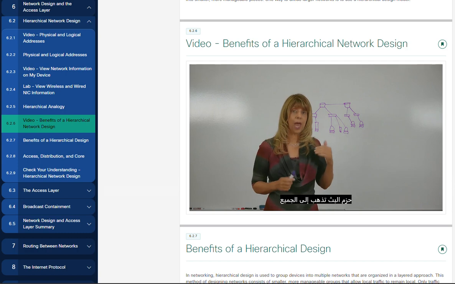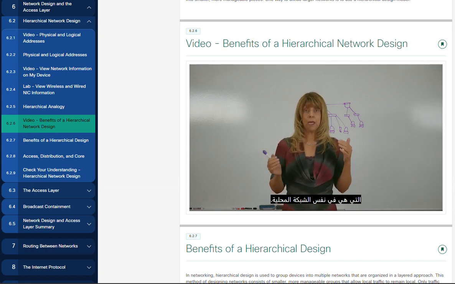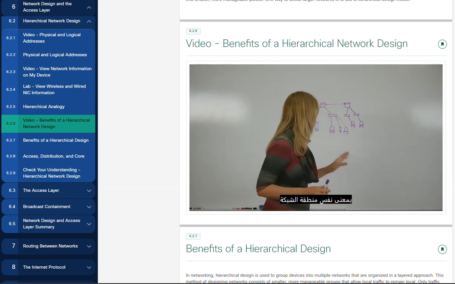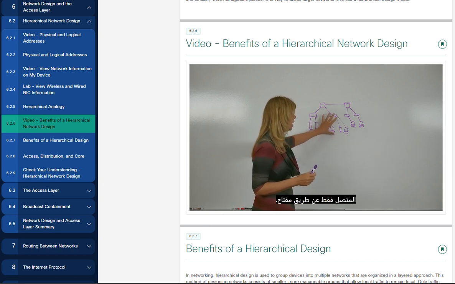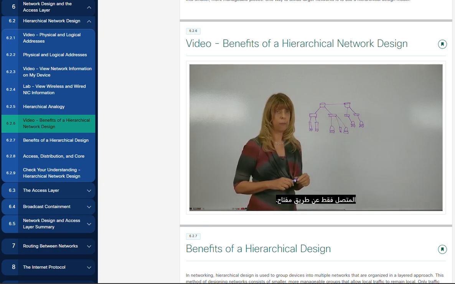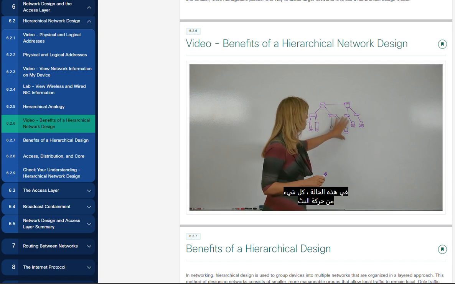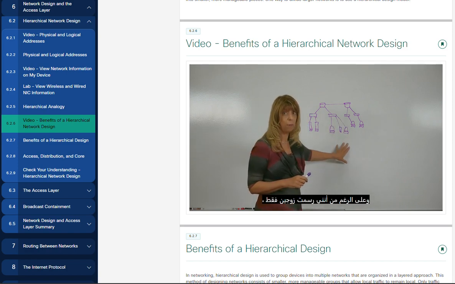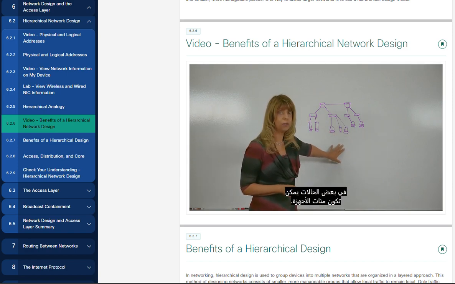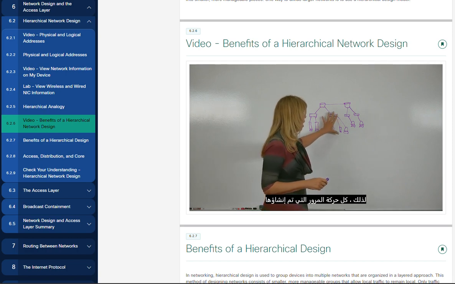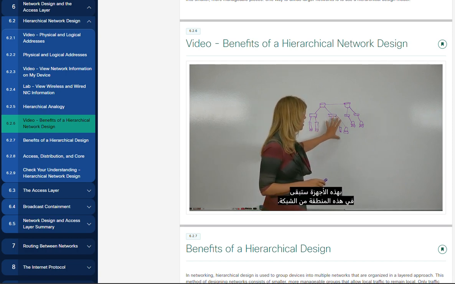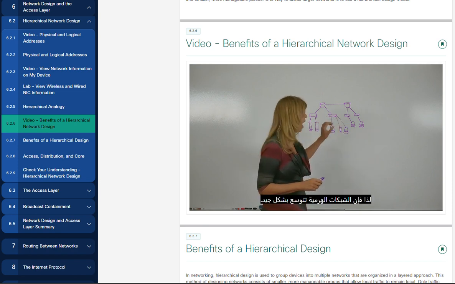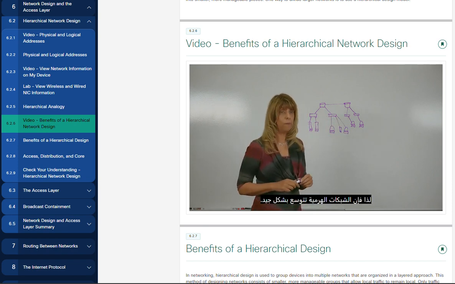Broadcast packets go to everyone that is in the same local network, meaning the same area of the network that is only connected by a switch. So in this instance, all of the broadcast traffic that is generated by the various devices, and even though I've only drawn a couple, in some cases this could be hundreds of devices, will remain in this area of the network. So hierarchical networks scale quite well.